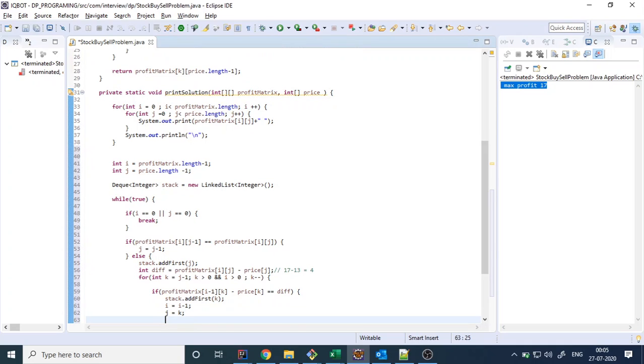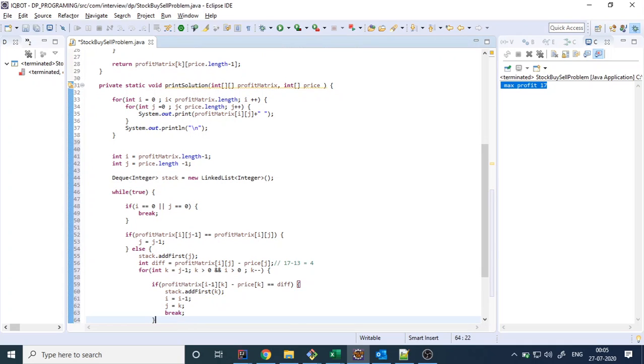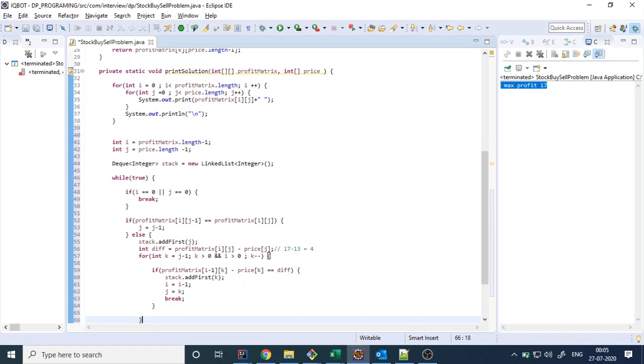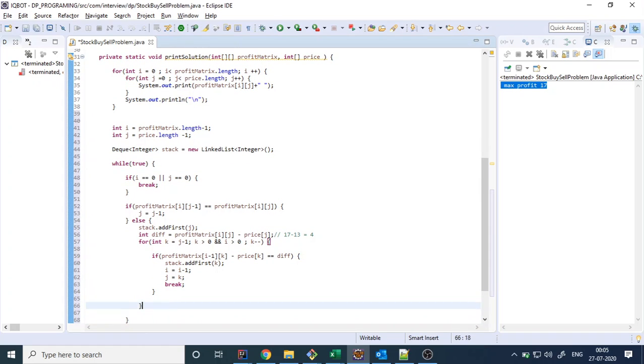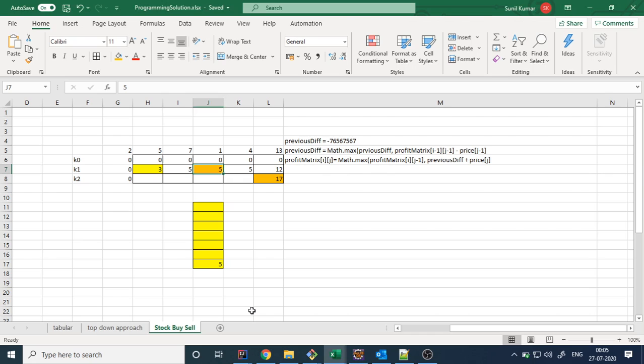And you break it. Once it breaks, it will go the second time and find out what the leaf is. So here you will find that the leaf is this one.